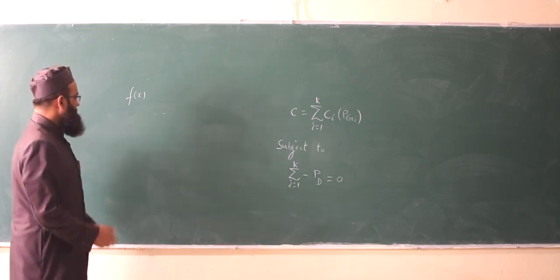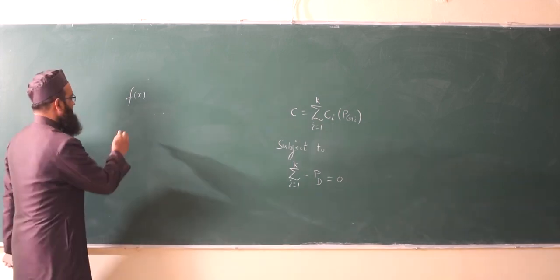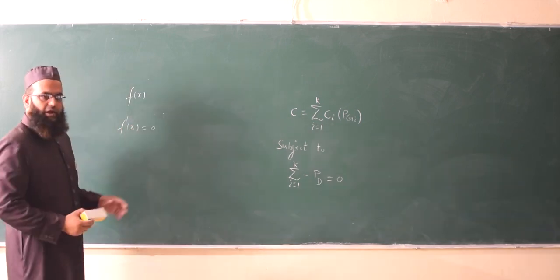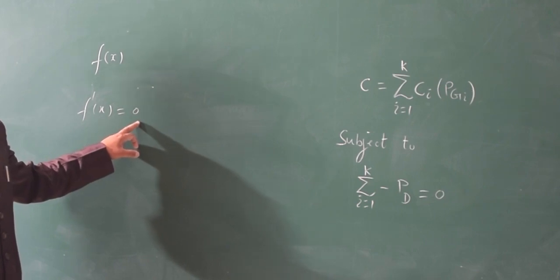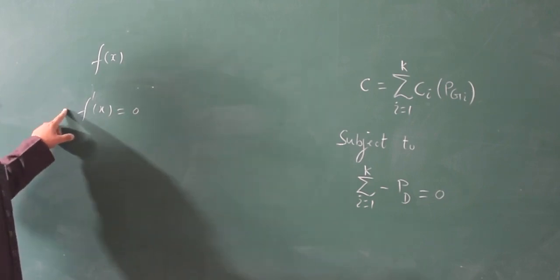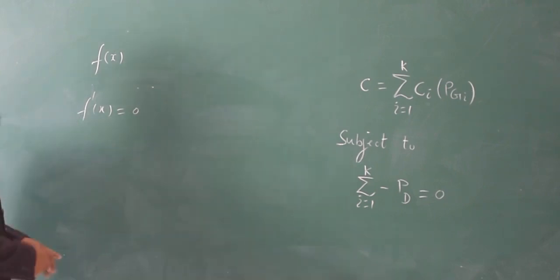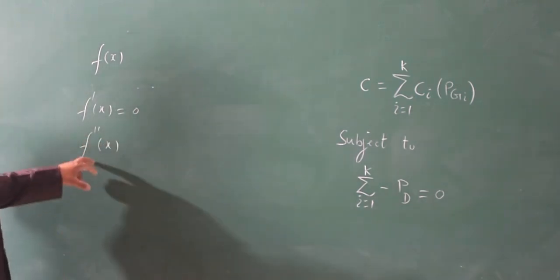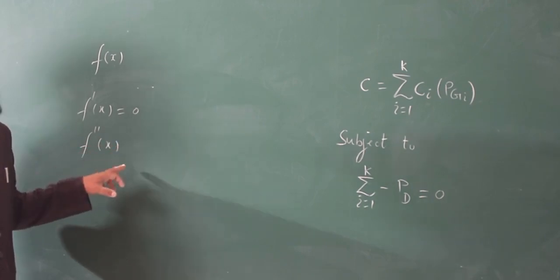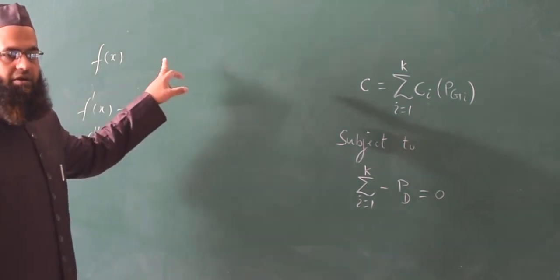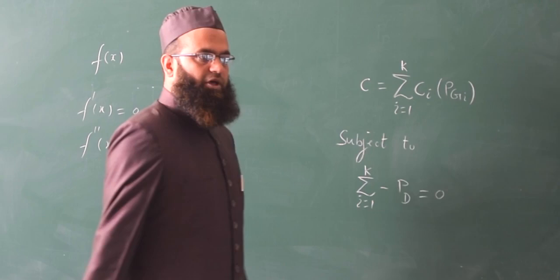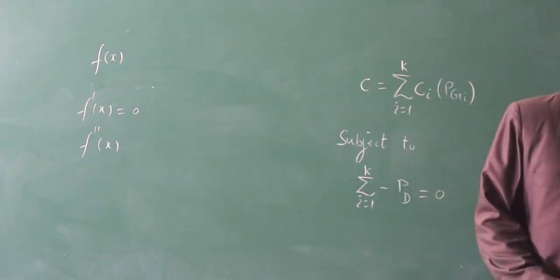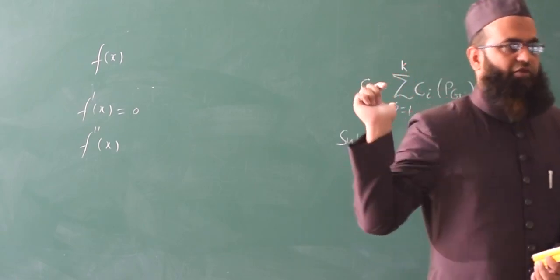So there you used to write the necessary condition, write f dash x equate 0 and get the critical points, stationary points. So this was the necessary condition. Then again take double derivative of this and check the value at critical points. If it is positive, then minima is there. If it is negative, then maxima is there, right? So that is also optimization. The objective is to get the optimal value of f.